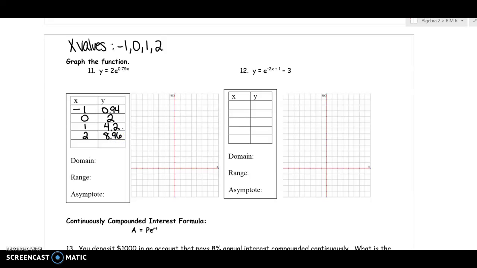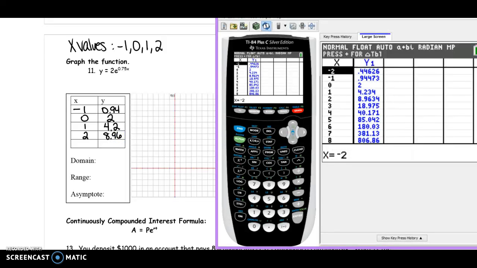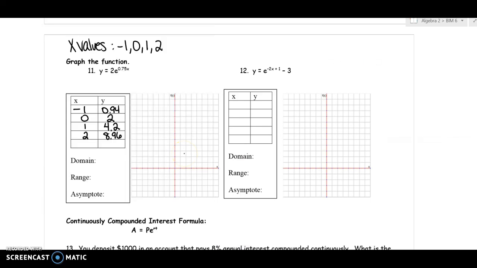It does not matter how you round these, because whether you graph 8.9 or 8.96, are you really going to be able to tell the difference on this graph? Probably not. Okay, so plot these points.